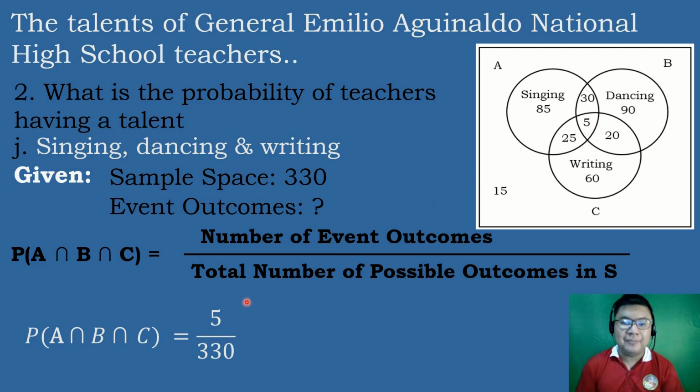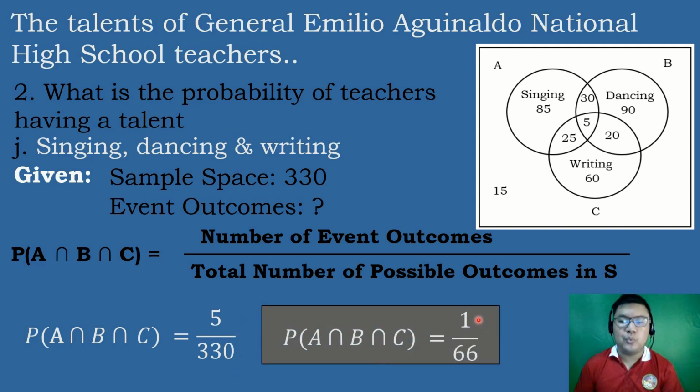So we have 5 for the number of event outcomes all over the total number of possible outcomes in sample space, which is equal to 330. And getting the lowest term will be equal to 1 over 66. Therefore, the probability of teachers having a talent in singing, dancing, and writing is equal to 1 over 66.